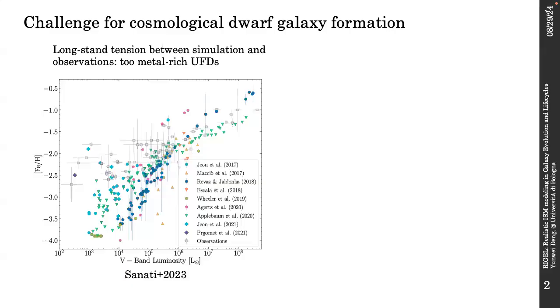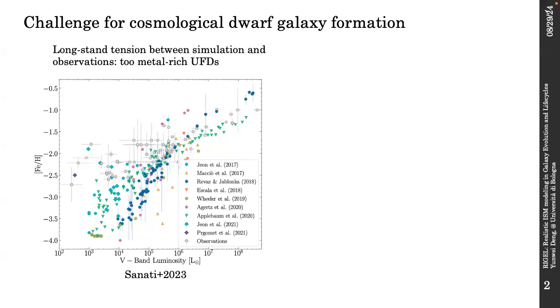So at the beginning, I want to introduce that dwarf galaxies actually provide an ideal test field for galaxy formation models. And here is a long-standing tension between the observations and the numerical simulations of dwarf galaxies: the mass metallicity relation of the ultra-faint dwarf galaxies.